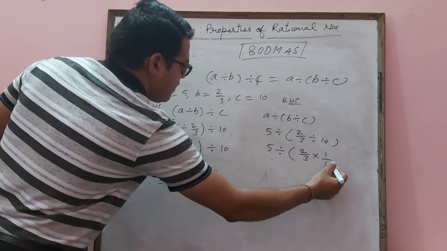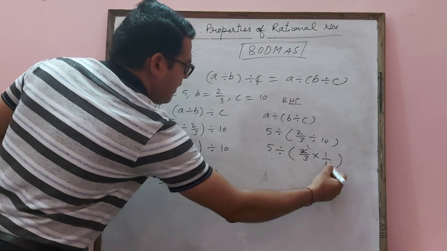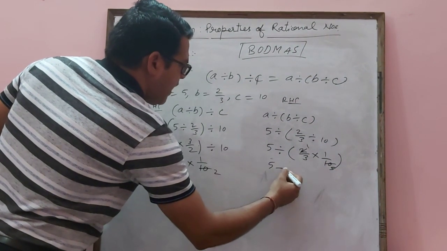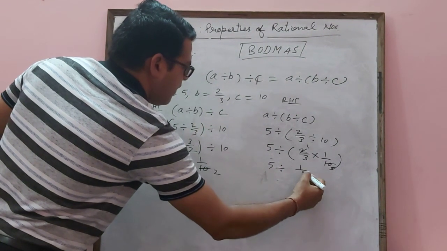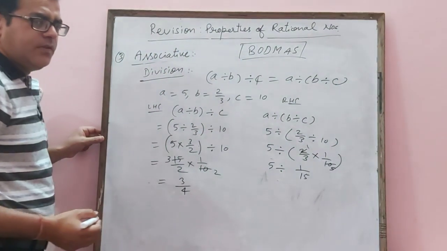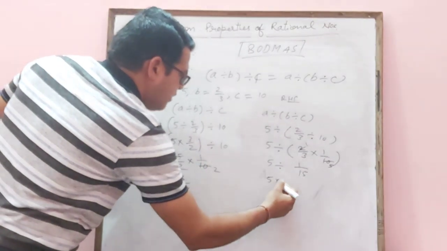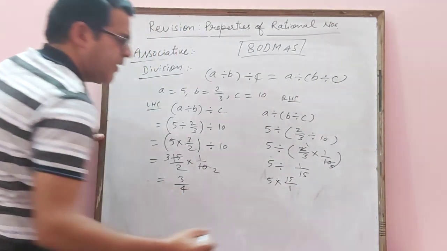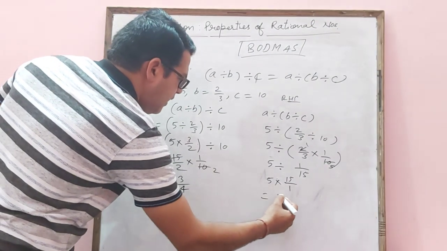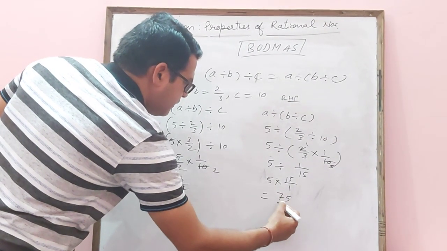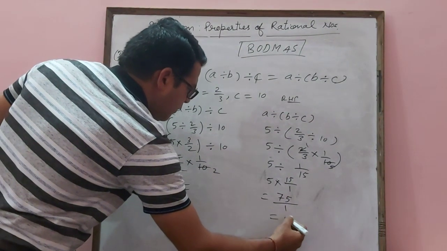2 by 3 divided by 10 is 2 by 30, and by 2, 5 times is divisible, so we can write it 1 by 15. So 5 divided by 1 by 15. Right? 5 3s are 15. So 5 into 15 by 1 after taking the reciprocal. So 15 5s are 75. By 1 means 75.